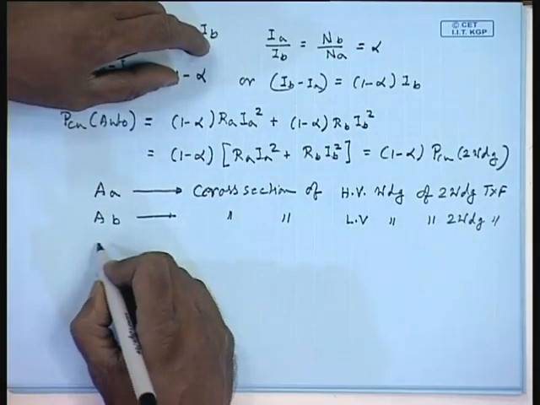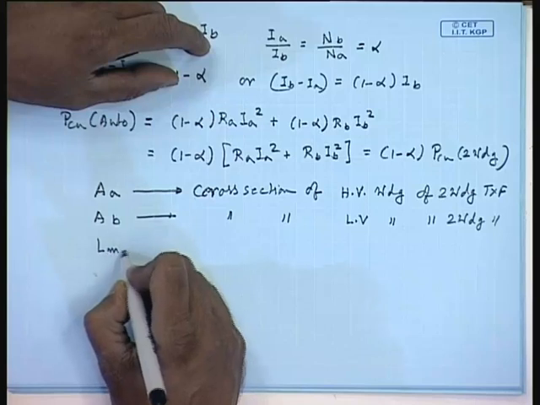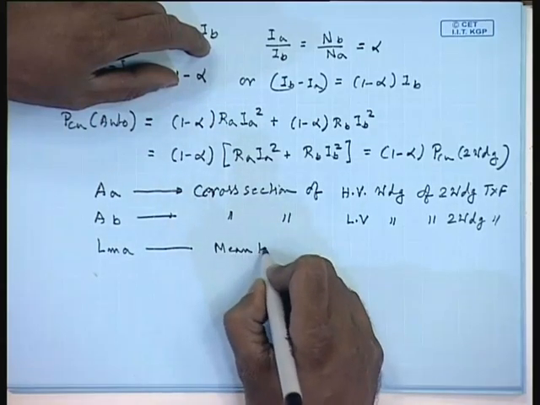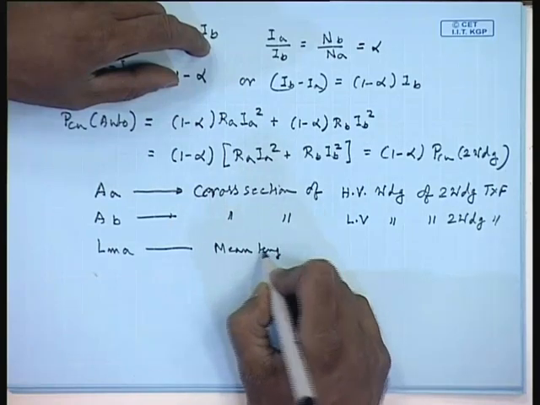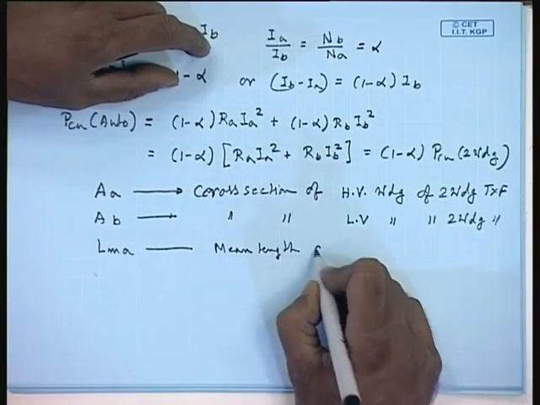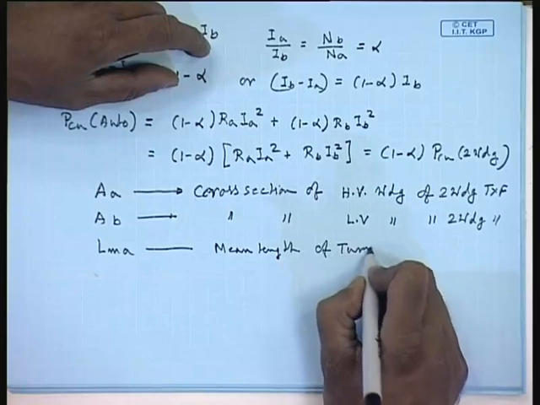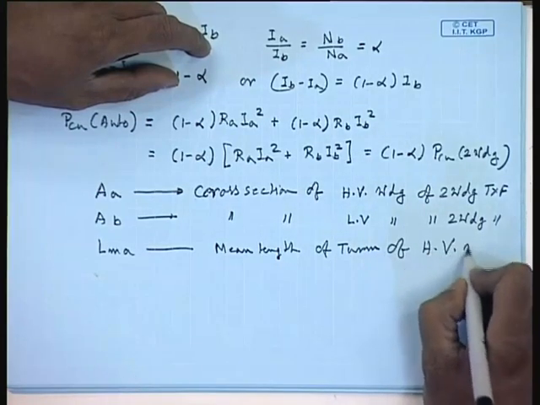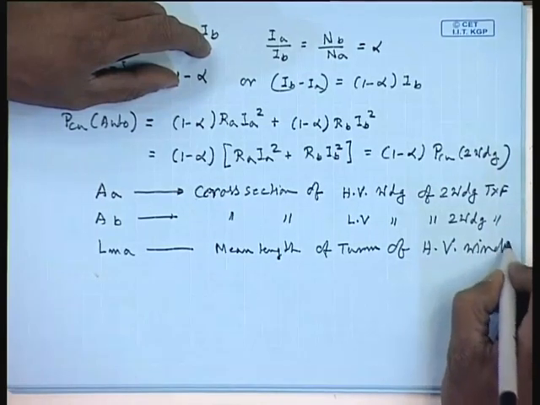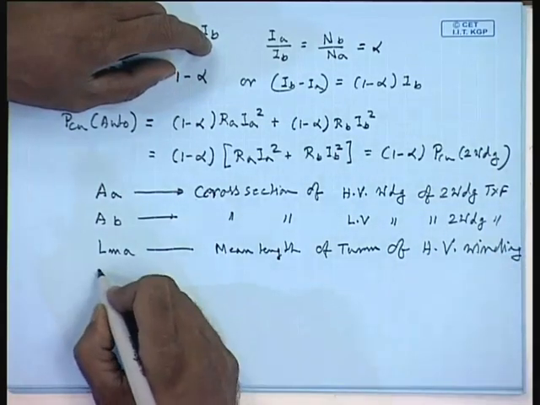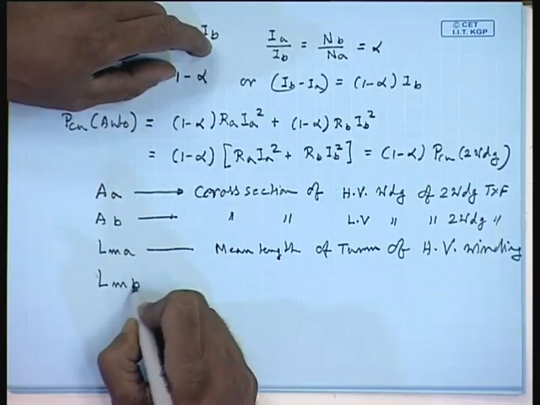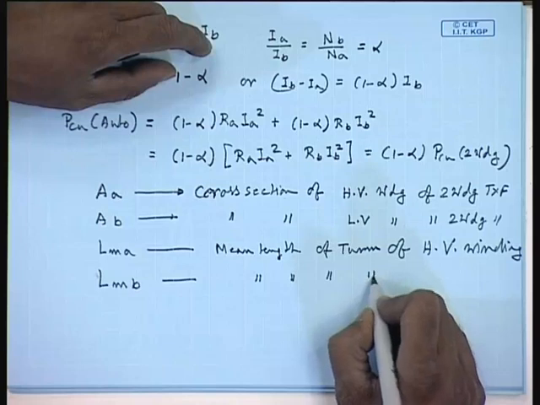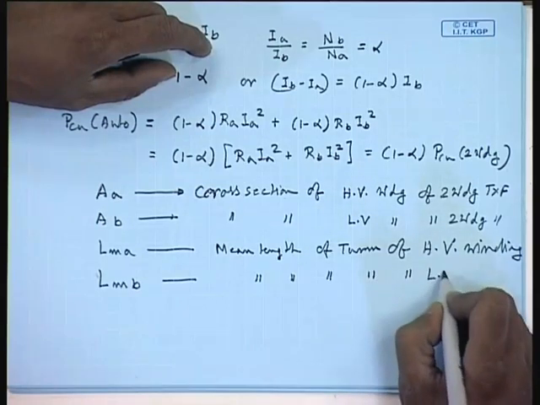Let LMA be the mean length of turn of HV winding, and LMB the mean length of turn of LV winding.